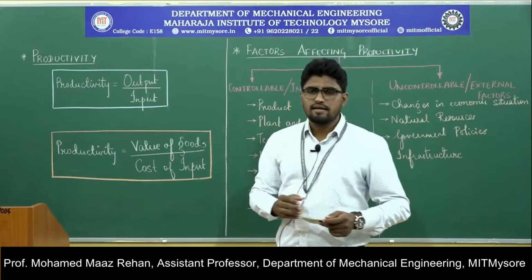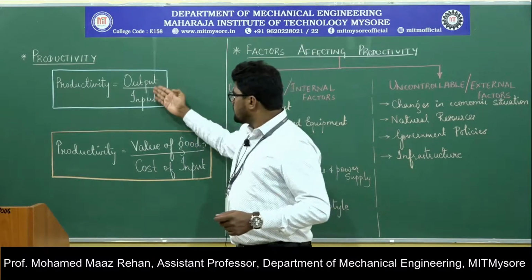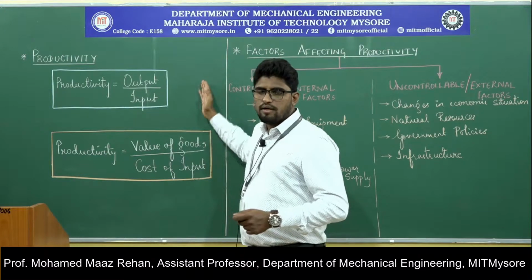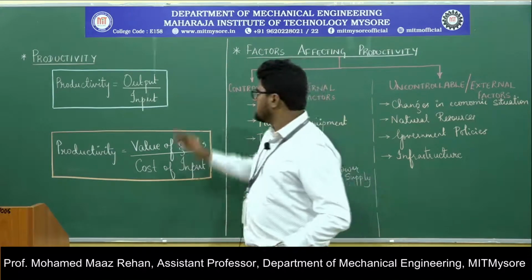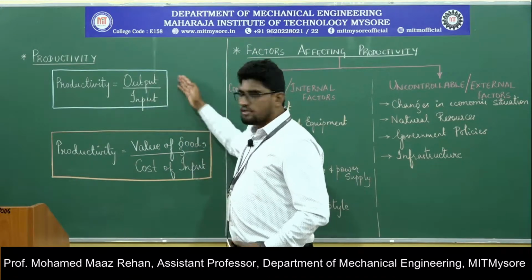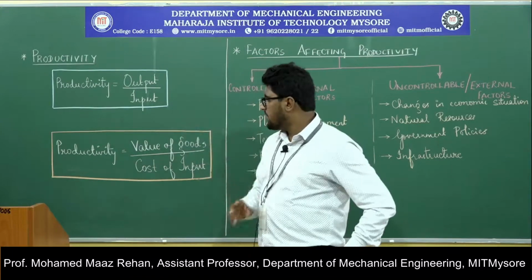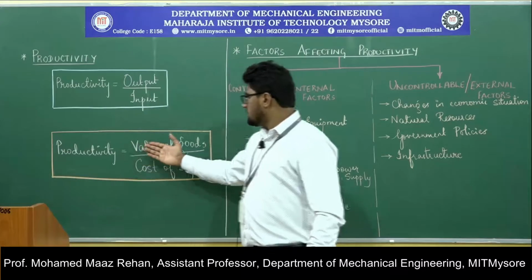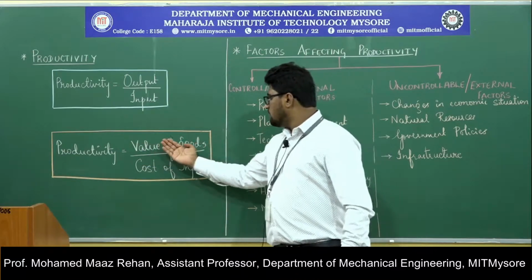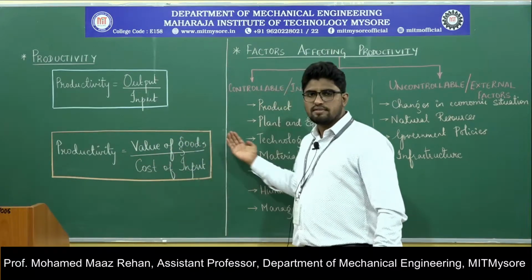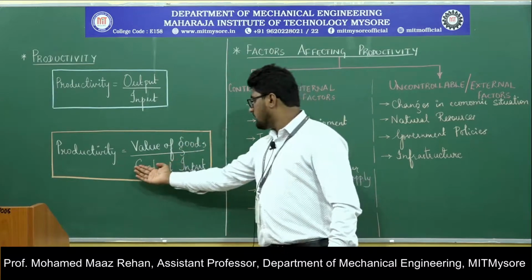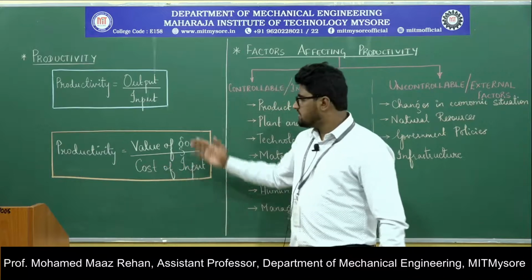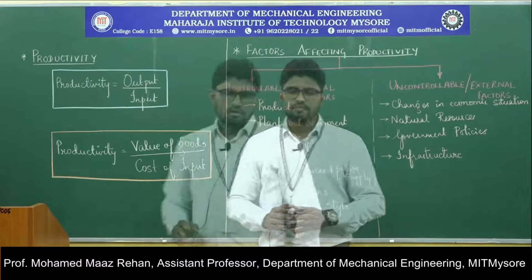For an efficiency calculation, the output by input should be lesser than 1. For a productivity calculation, the output to input should be greater than 1. In other words, productivity is the value of goods and services produced for the cost of input.